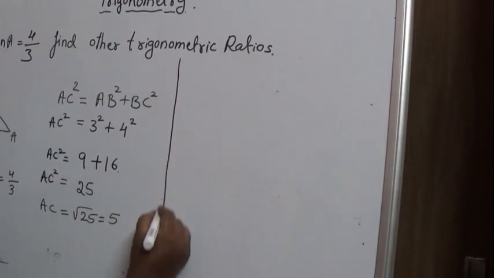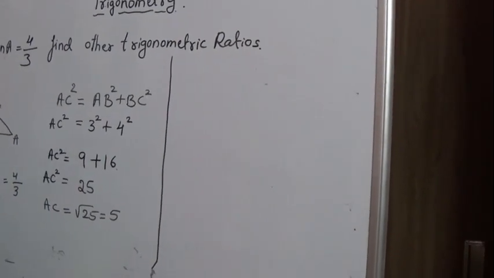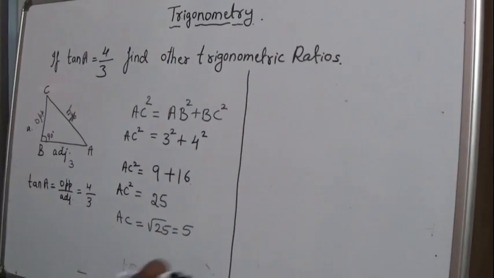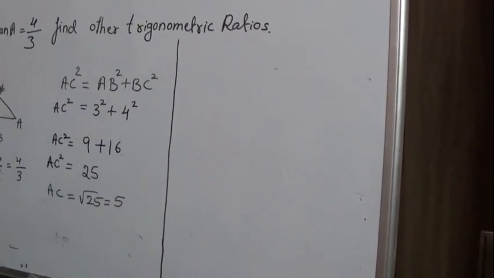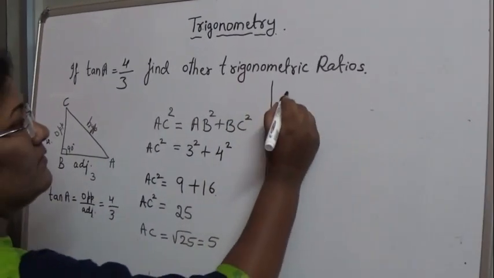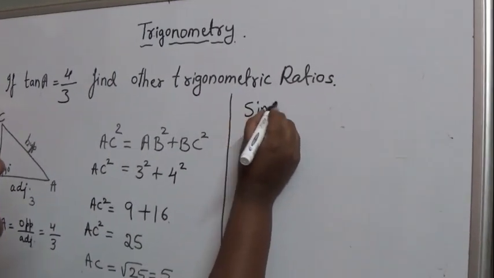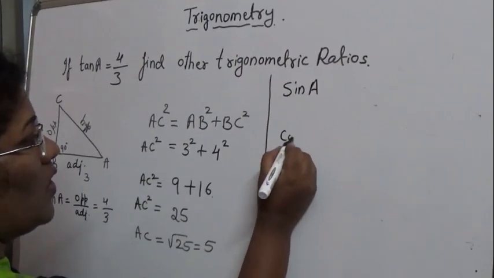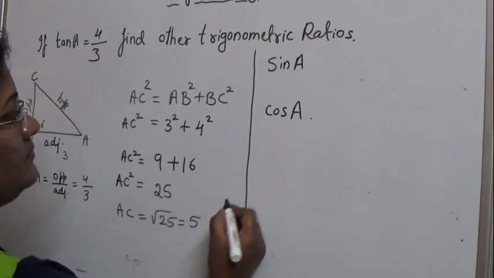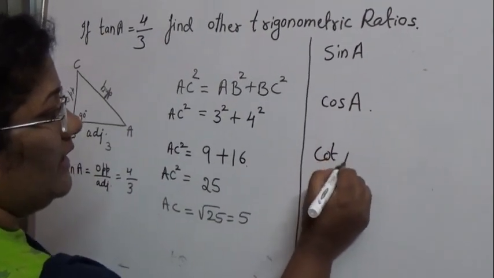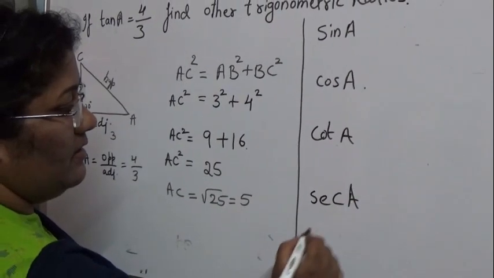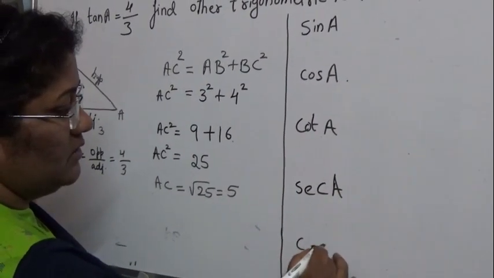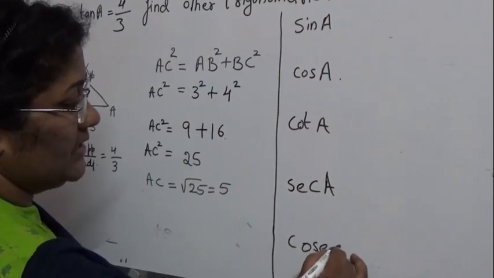Besides tan, here we have sin A, cos A, cot A, secant A, and the last one is cosecant A.